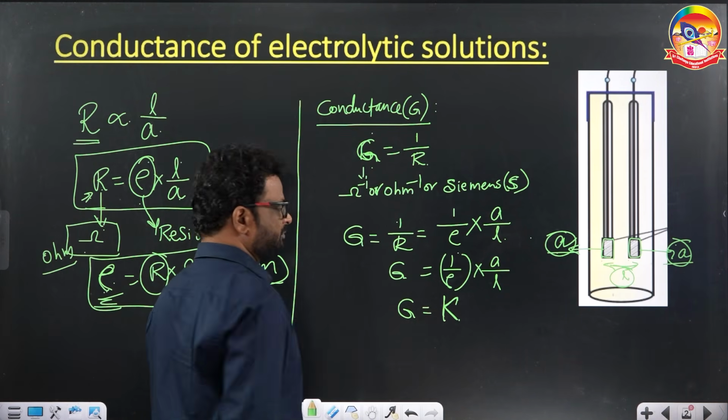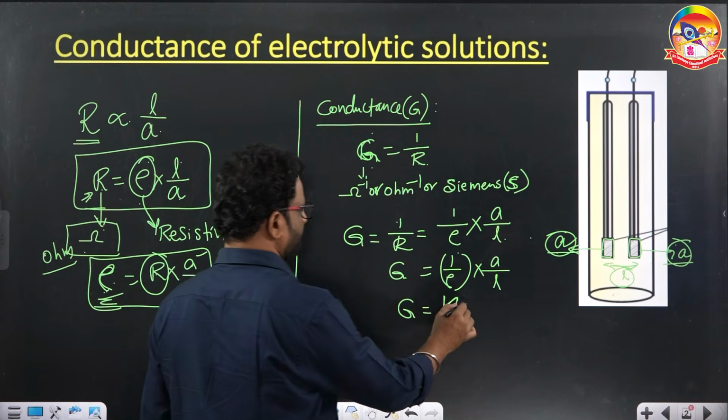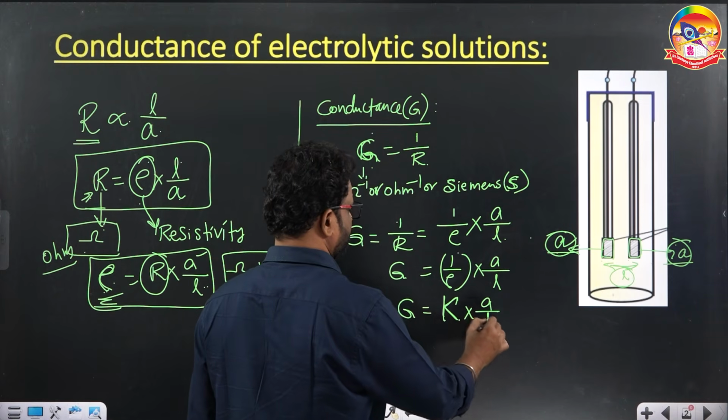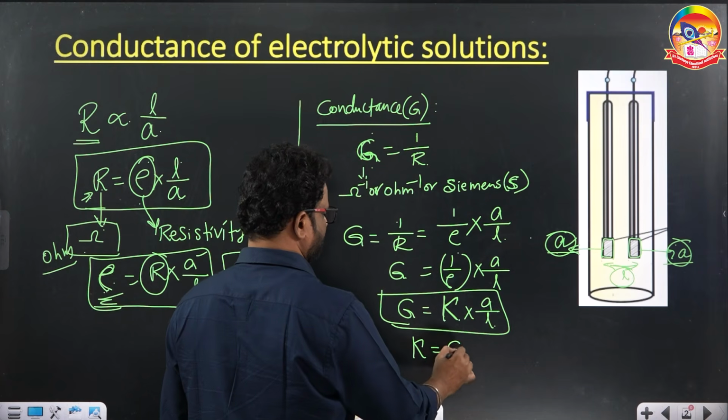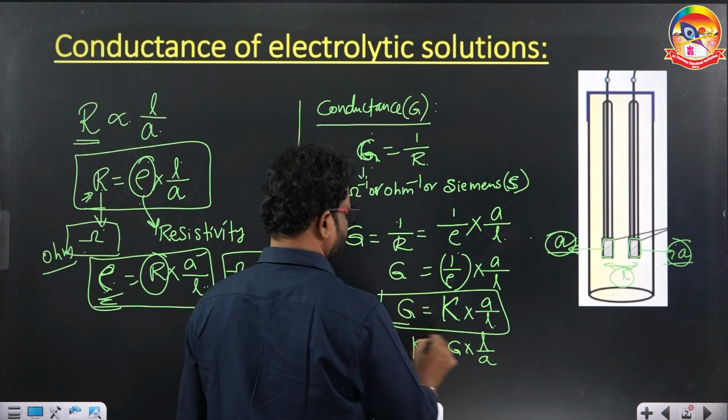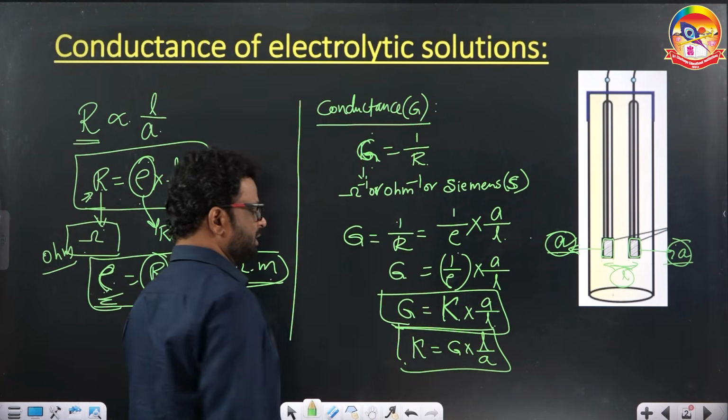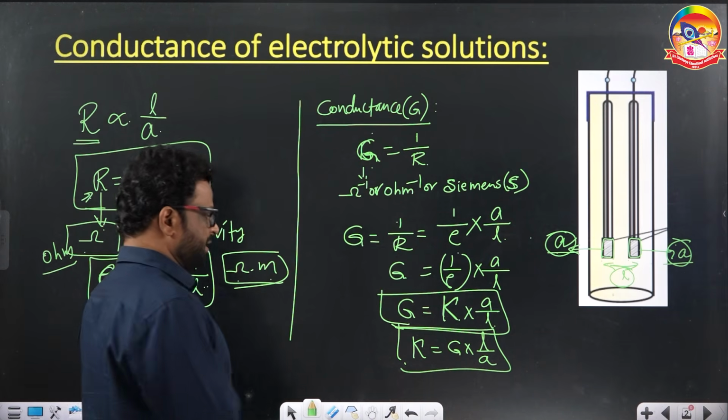Kappa is the Greek alphabet, kappa is its symbol, kappa into A by L, or kappa is equal to G into L by A again. This is formula for conductivity.